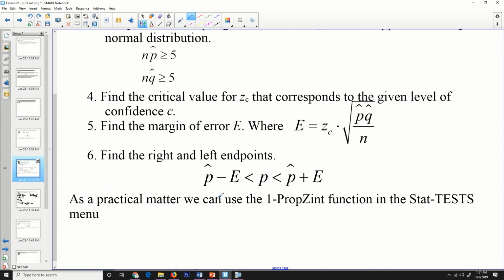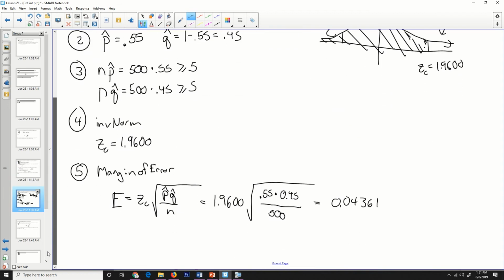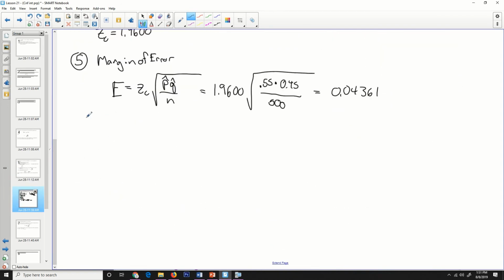And then as a practical matter, we're going to do the 1 proportion Z interval here in a moment. But once we have that calculation, so 6, our margin of error is going to be our point estimate minus the margin of error less than the actual population proportion, and then P hat plus the margin of error.